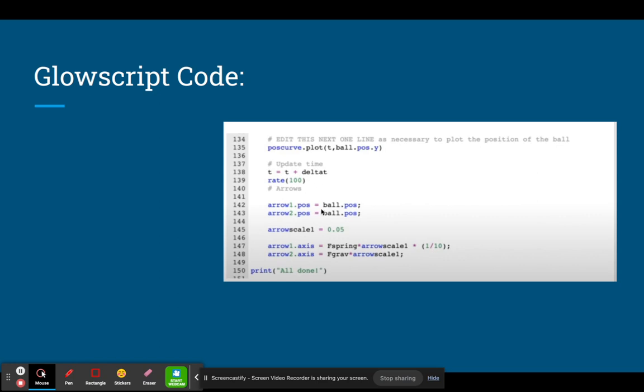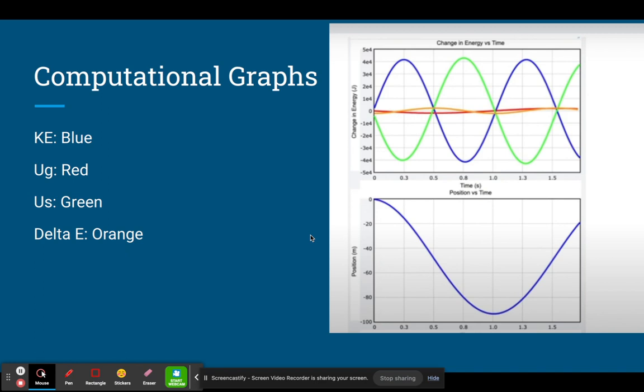For the next slide that's coming up, it's going to be the computational graph, and these are just the little arrows for the computational graph. So this is the graph right here. I have labeled the energies on the graph on the side.